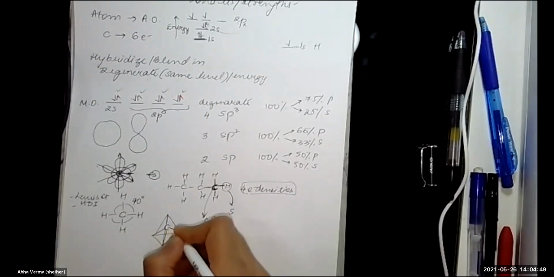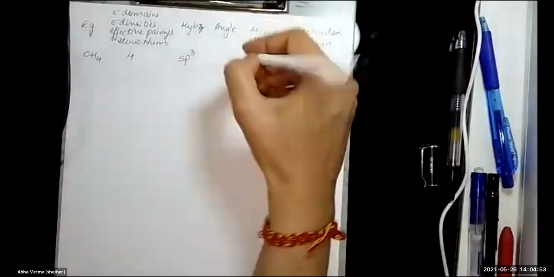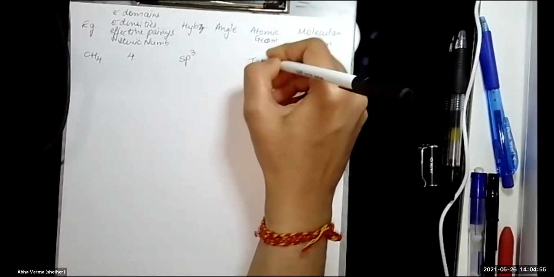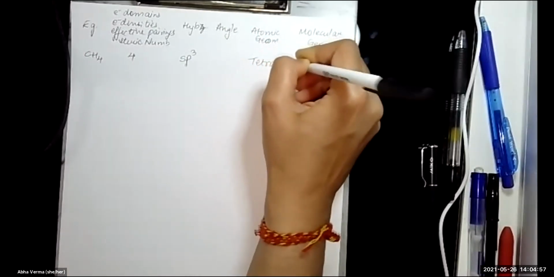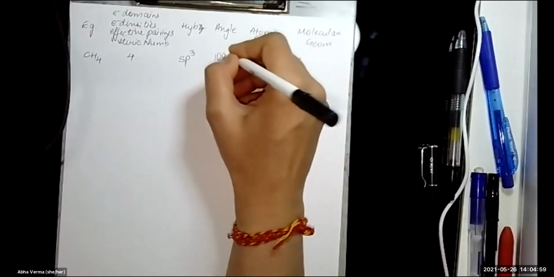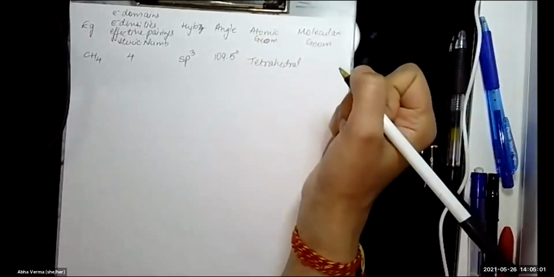Any questions about what I showed you right now? Anyone? Okay. So in a tetrahedral structure, the bond angle is 109.5 degrees.